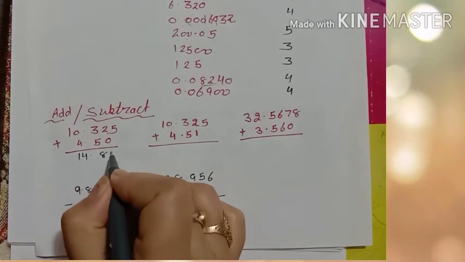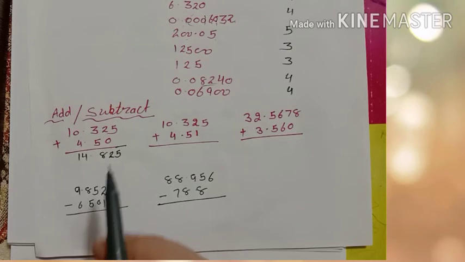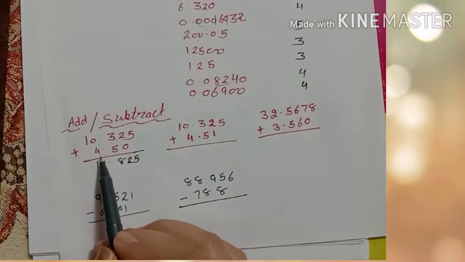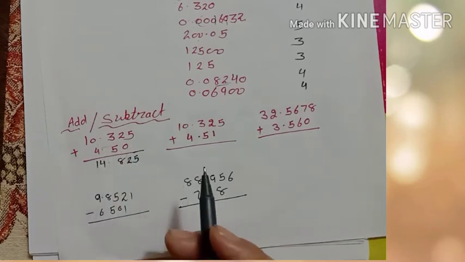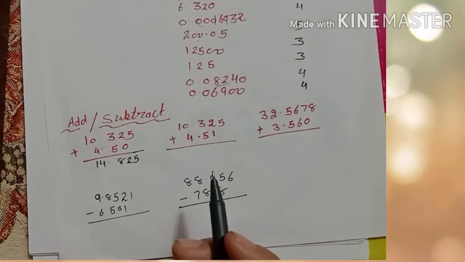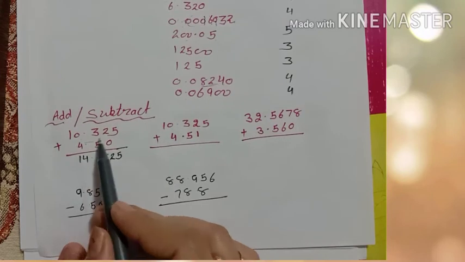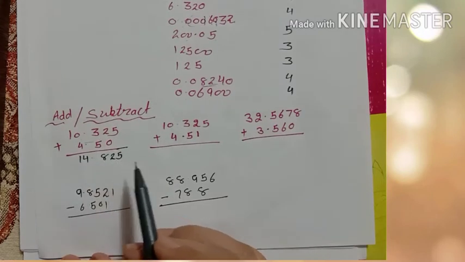The normal addition of these two numbers gives 14.825. But in the significant figure case, the least precise is 4.50, which has two digits after the decimal point, so the answer will come after rounding off.